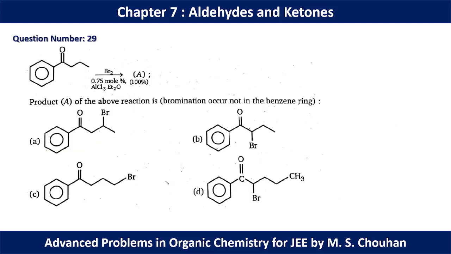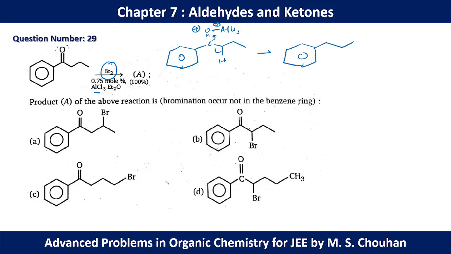In question number 29, we have a catalytic amount of aluminum chloride along with Br2. So we can think this way, that we have this kind of intermediate, because aluminum chloride can behave as a Lewis acid and the lone pair over oxygen can behave as a Lewis base. So again we can draw the tautomeric form, and the tautomeric form will look like this, O AlCl3 minus.